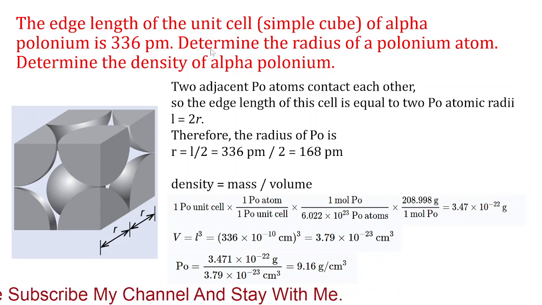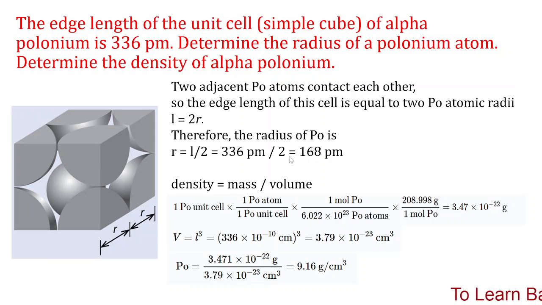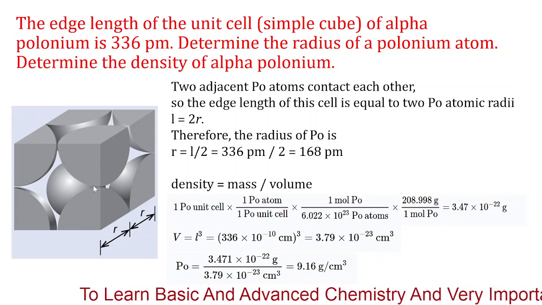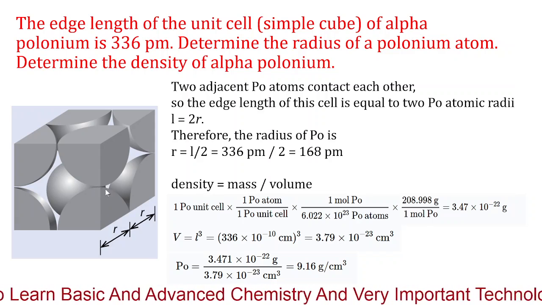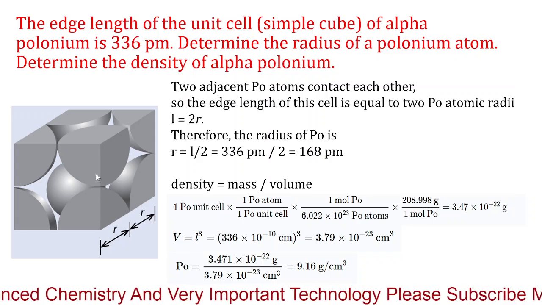The edge length of unit cell, simple cube, we have mentioned what the length can be. So in simple cube we have found that this is the center of one atom, this is another atom. So these two atoms are touching adjacently, just touching each other, so there is no visible space between these two atoms.